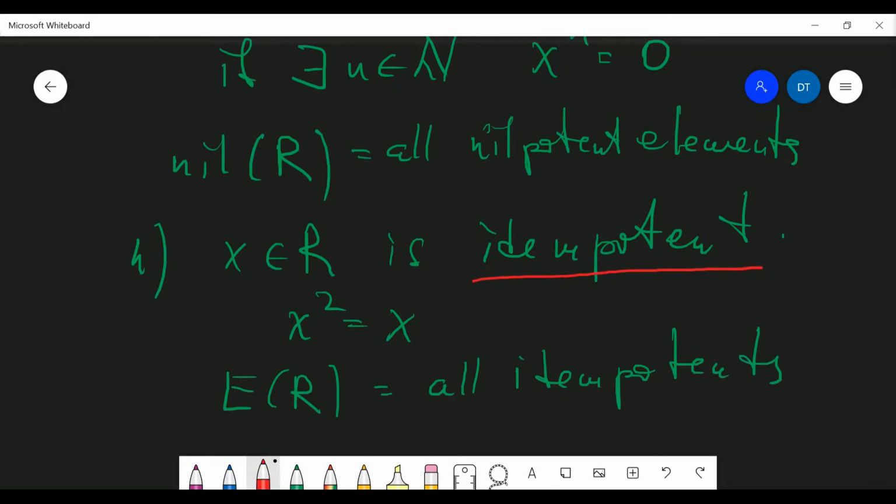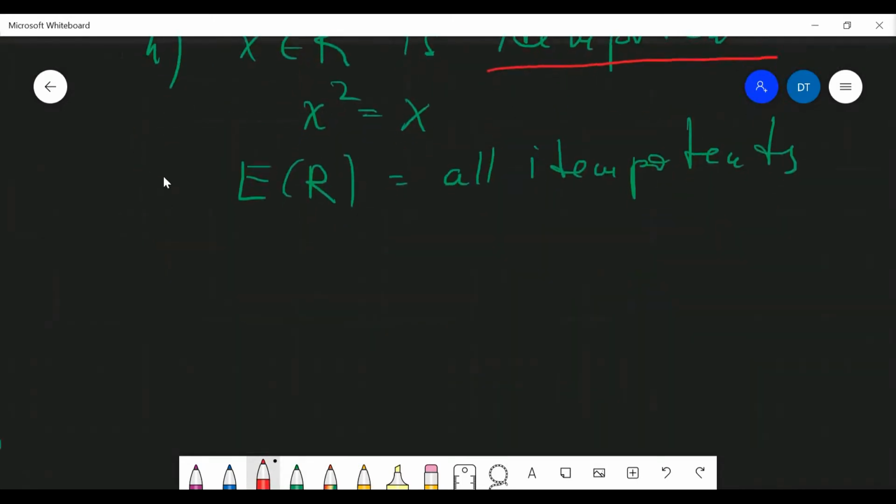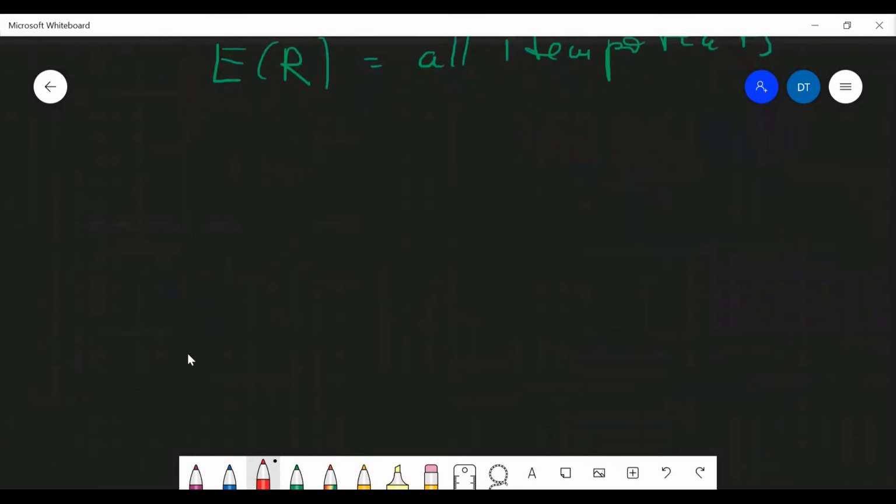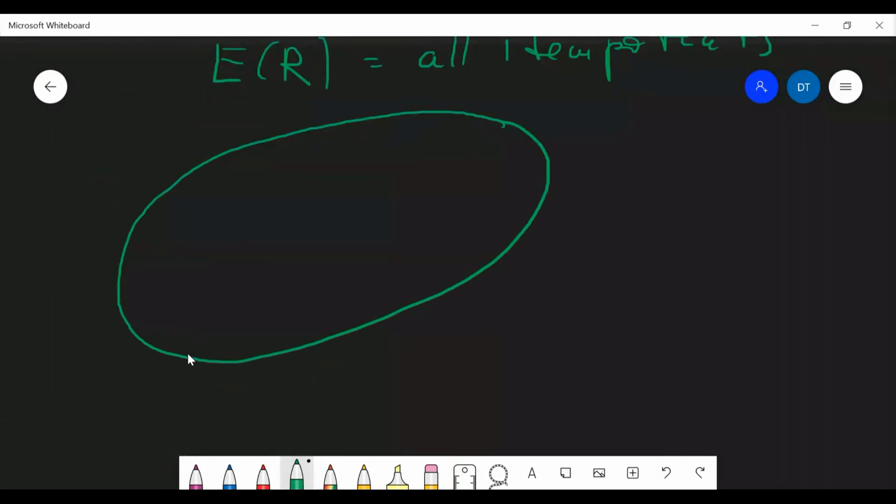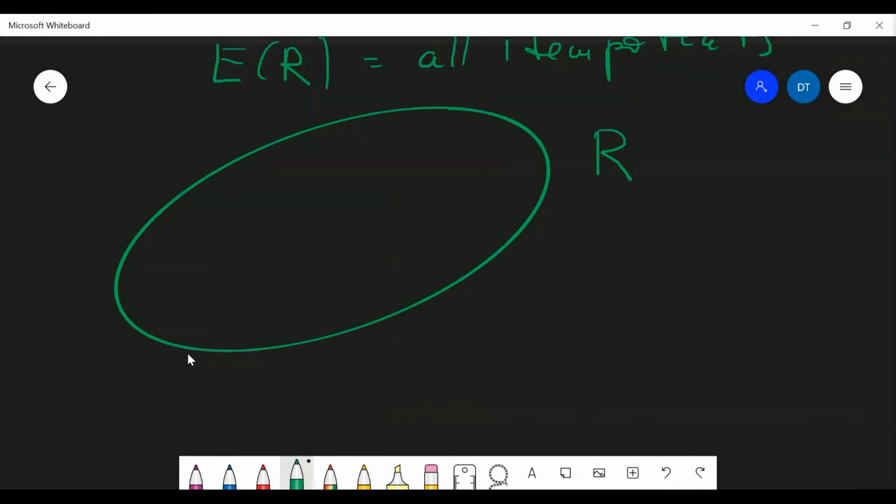So let me show you a general situation, how these elements are related. If you have a ring R, this is the underlying set of the ring R. So here is an element 0, let's say. And here is an element 1.